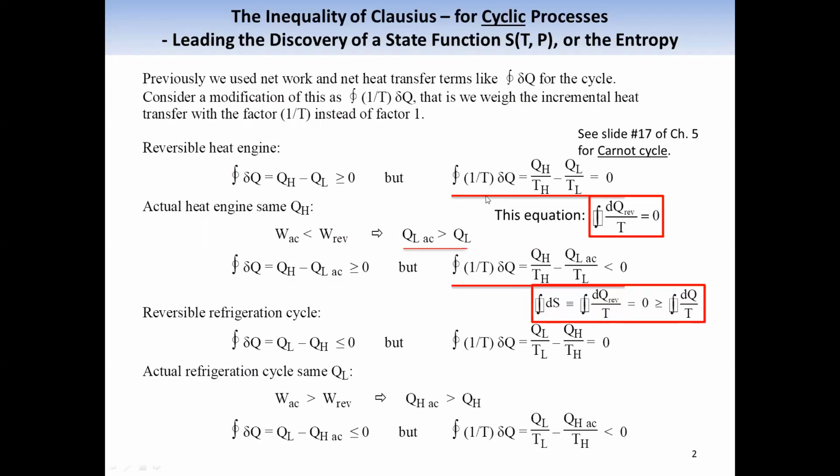Only two isothermal processes contribute to heat transfer. So we can write this integral into these two terms. From the discussion of last chapter, we know that Q ratios equal the temperature ratios. Therefore, this difference is 0.